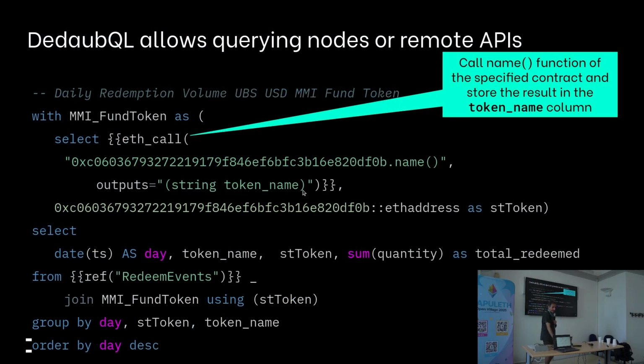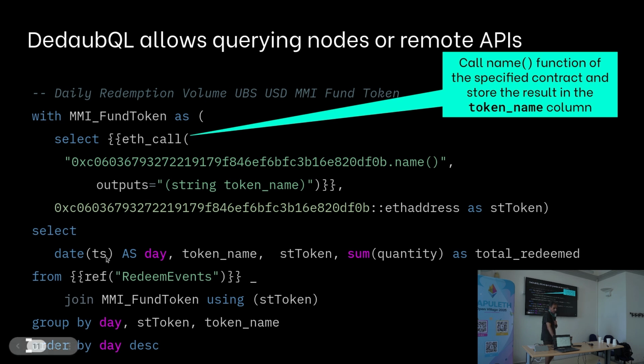I will format it like this for database querying purposes. I'm going to get it as a string column. And based on that, I will run the rest of the query. So this first part gets the name of this MMI fund token.